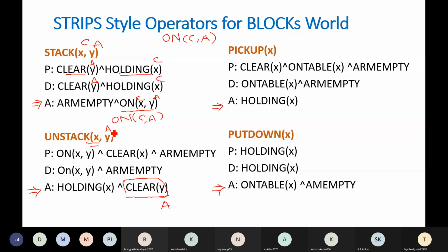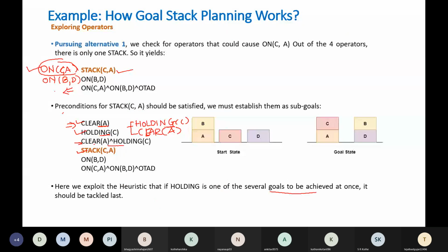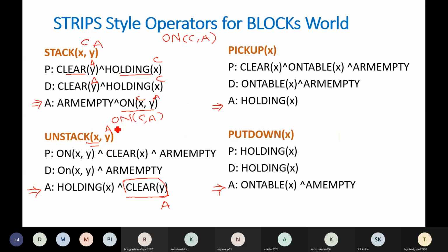And what about X? B is on A, right? So replace X with B. So that will become unstack BA. Okay. So if you perform unstack BA, you will get clear A. So to get this, I should perform the unstack operation.